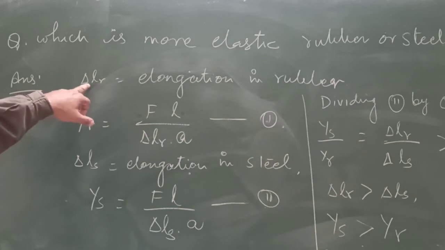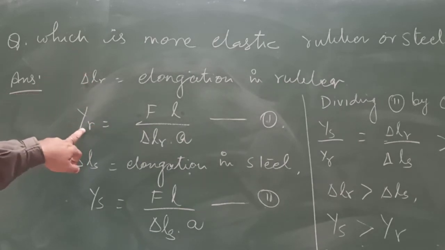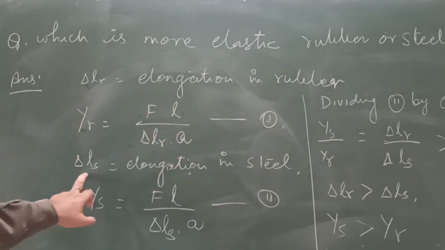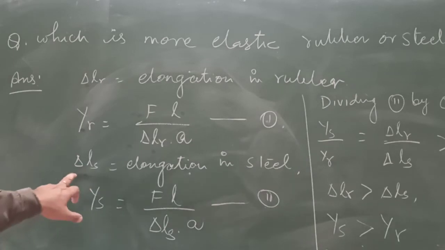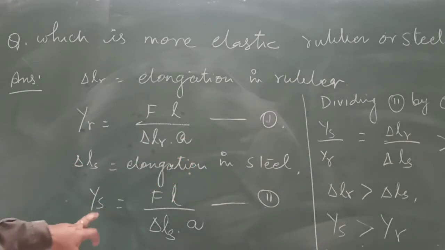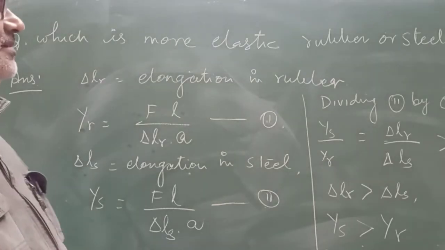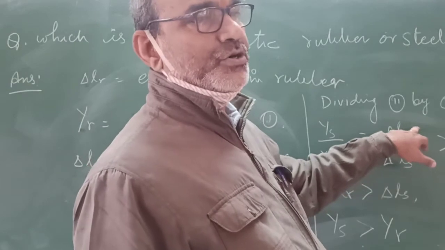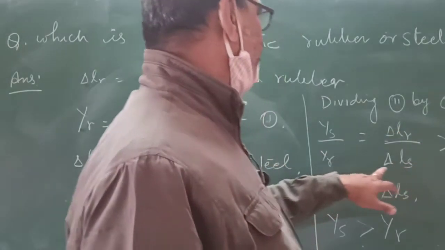Delta LR is the elongation in the rubber, YR, Young's modulus of rubber, is F into L by delta LR into A. For the steel wire, delta LS is the elongation in the steel wire, YS is equal to F into L by delta LS into A. Dividing 2 by 1, we get that rubber is elongating more than steel wire.